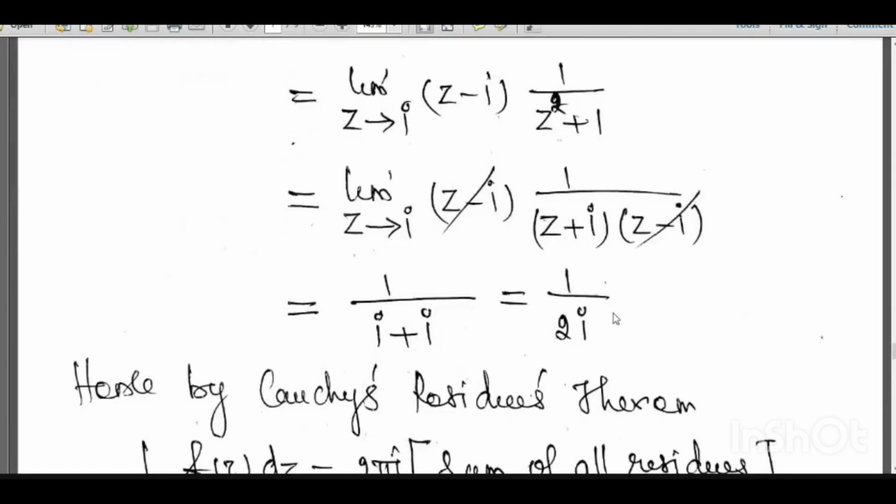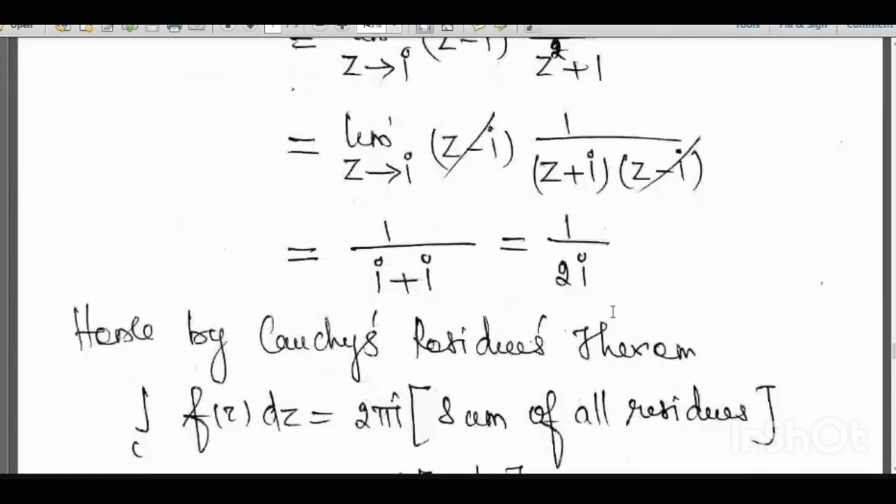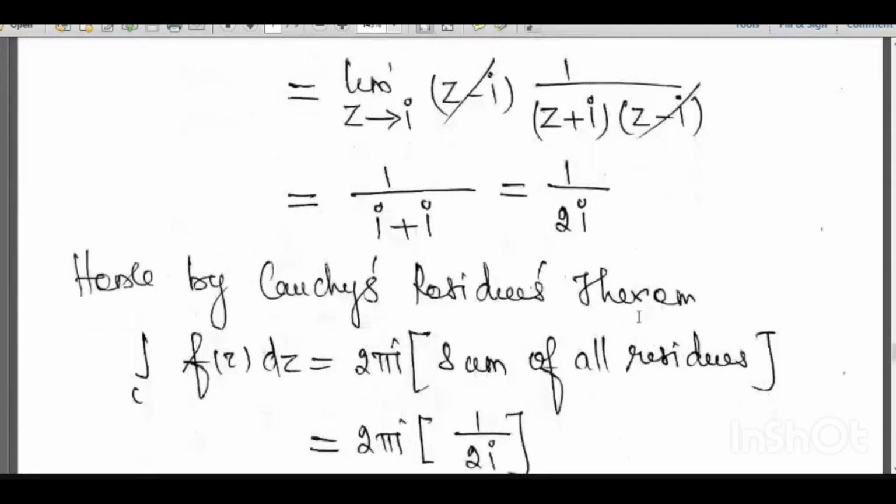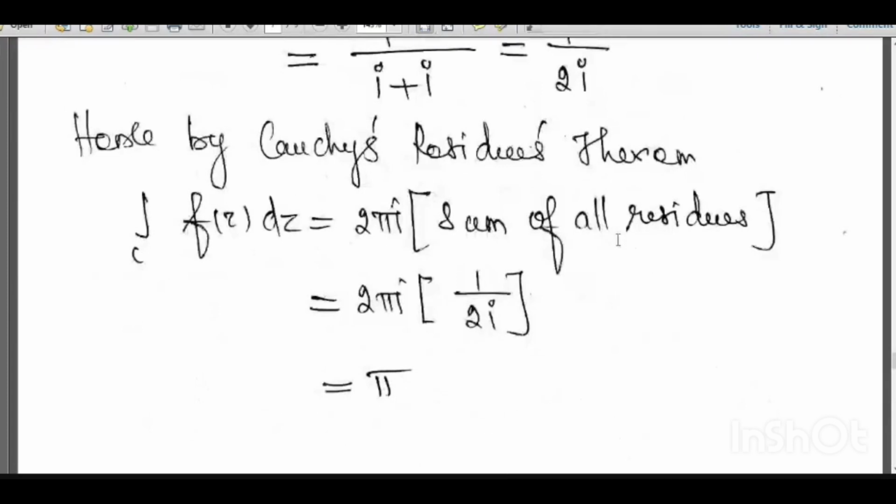Hence, by Cauchy's residue theorem, the integral over C of f of z dz is equal to 2 pi i times the sum of all residues. So 2 pi i times 1 divided by 2i; the 2i cancels, giving pi.